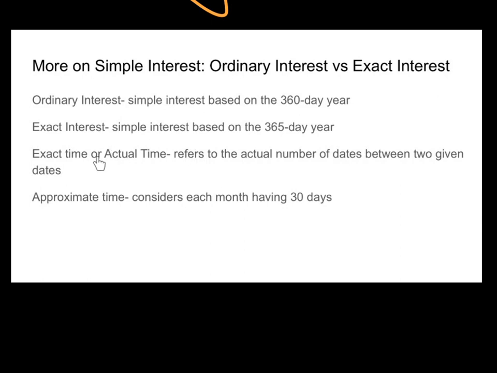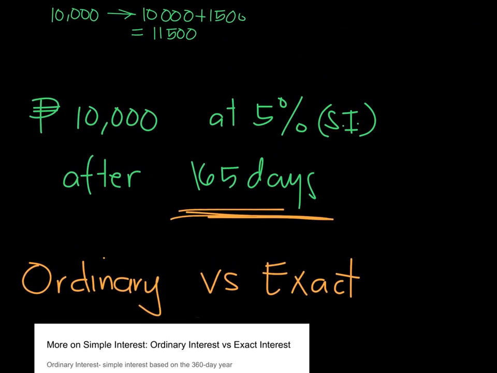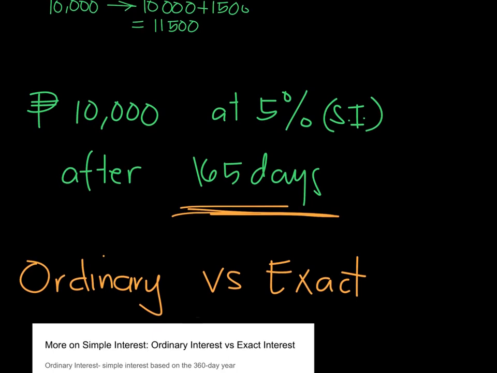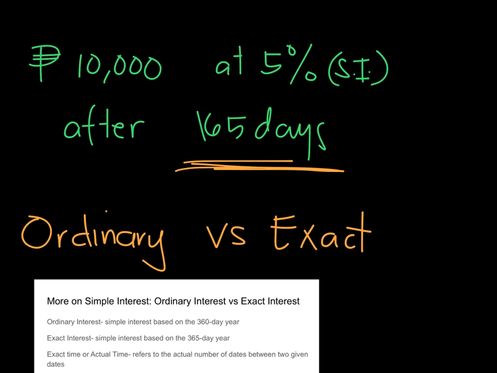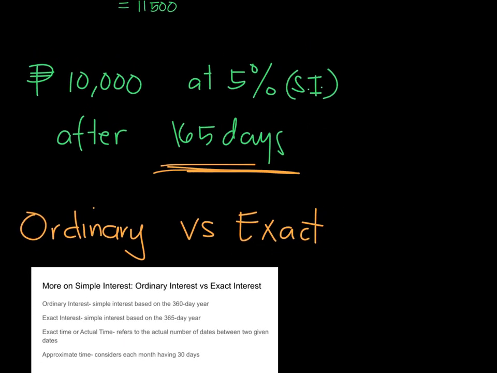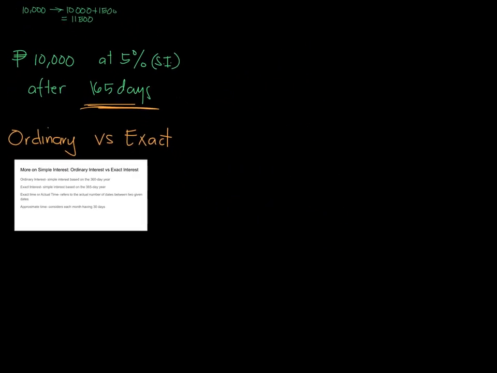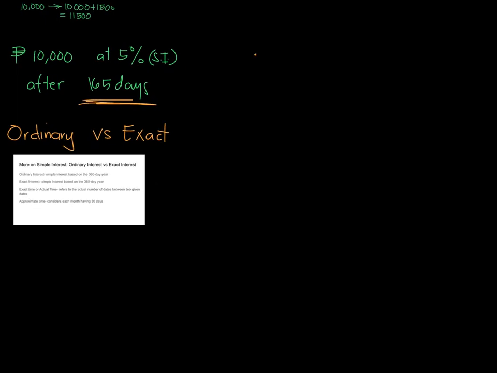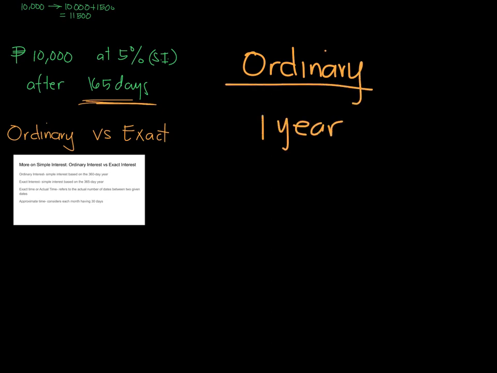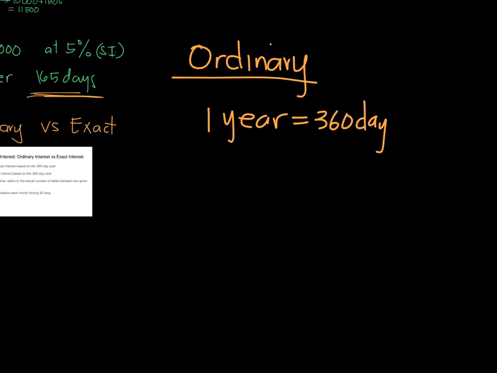So we'll show the concept of this using the examples that I have created, and that is when we invest or we borrowed 10,000 pesos at 5% simple interest, considering it is ordinary and considering it is exact. Okay, let's start with the ordinary interest. If the simple interest is an ordinary interest, so based on the idea, 1 year is equivalent to 360 days.